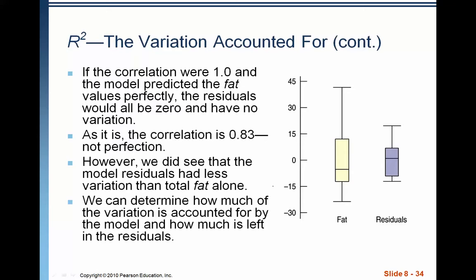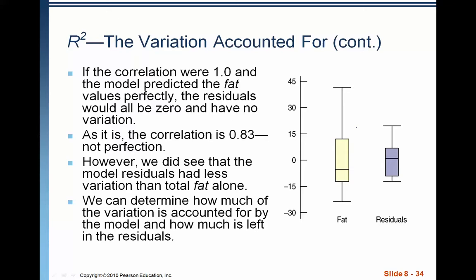As it is, the correlation is 0.83. So we can see that the model residuals have less variation than fat alone, and we can determine how much of the variation is being accounted for by the model and how much is left in the residuals.